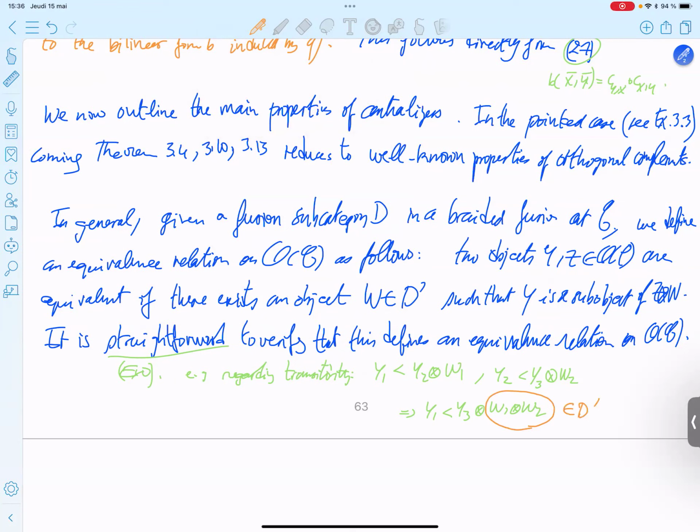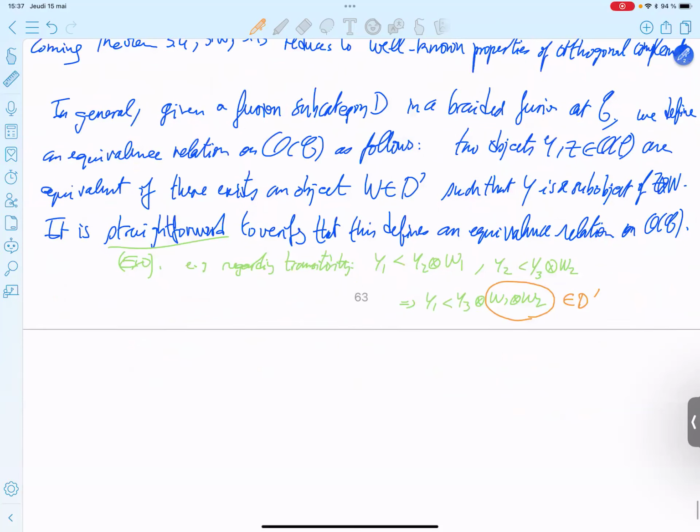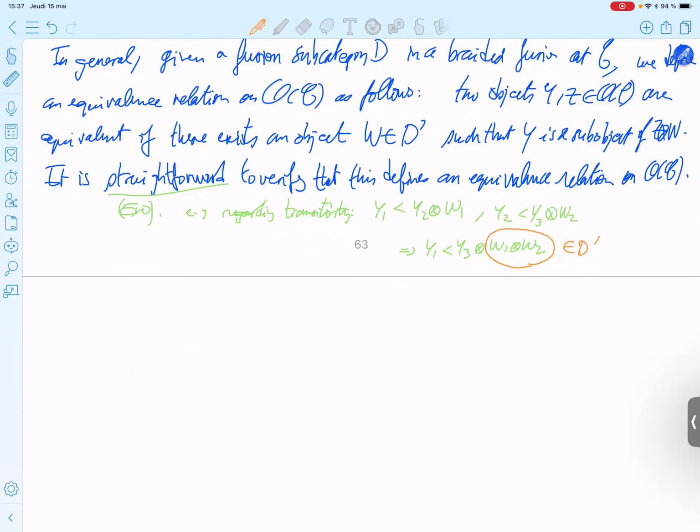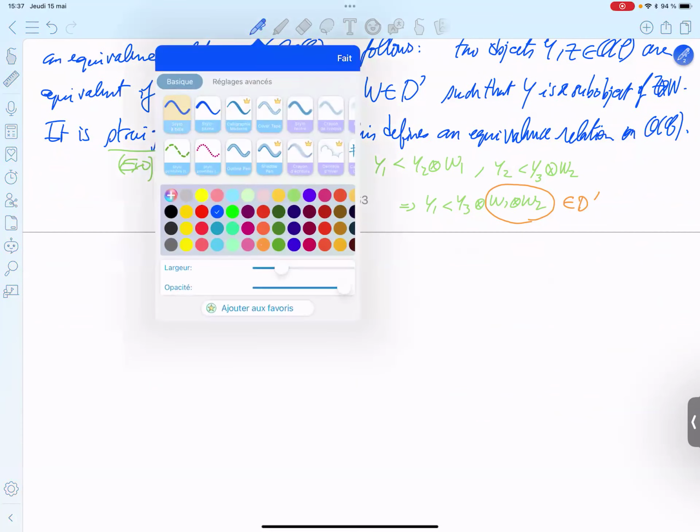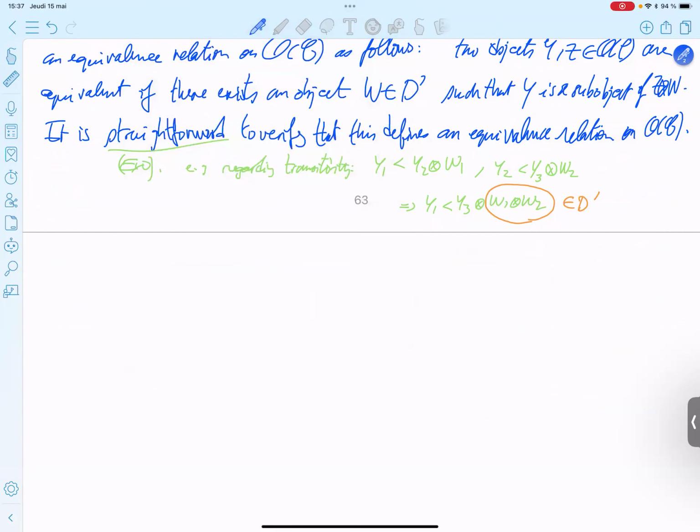So this is already in the centralizer, and so it implies that Y1 is in relation with Y3. So you have the transitivity. And you can prove as an exercise, if you like, these two other axioms to get an equivalence relation.